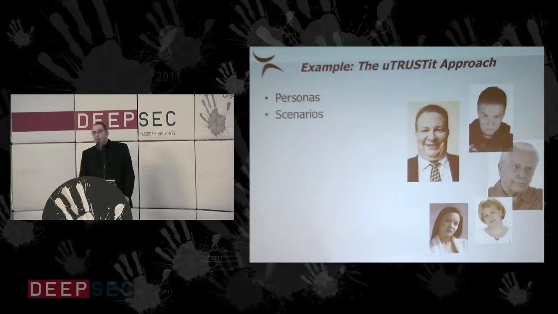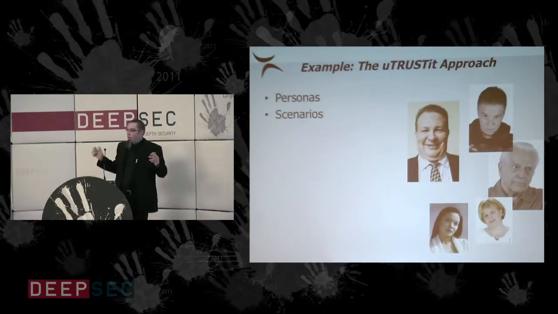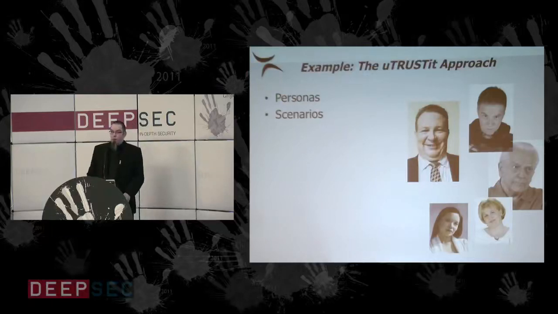Those personas are then used to bring scenarios alive. The idea is, as we know that the personality of different people influences the usage and the interaction with IT security applications, that one user definition for what we want to build the system for is not enough.